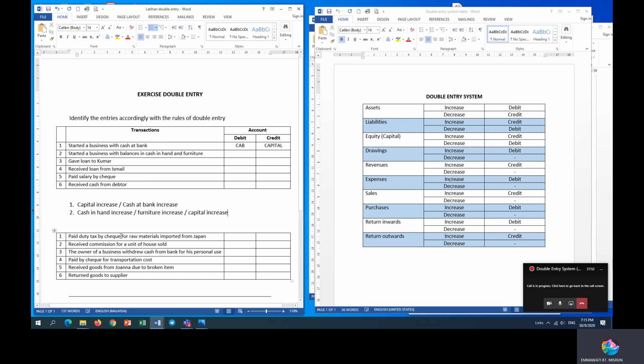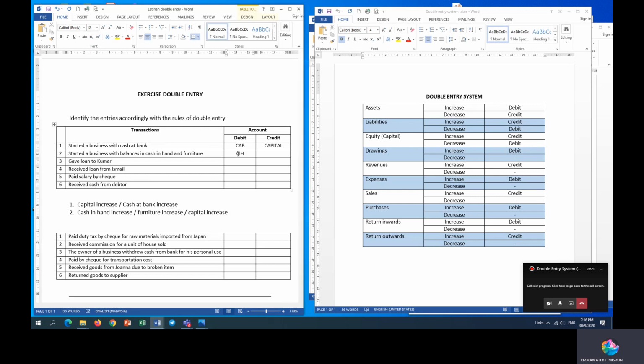Okay, so now we have these 3 accounts in our second transactions. So the next step is to apply the double entry system. So we know that cash in hand is our asset, furniture is our asset, and capital is our equity. So your cash in hand increase. Okay, asset increase. So we should debit the cash in hand.